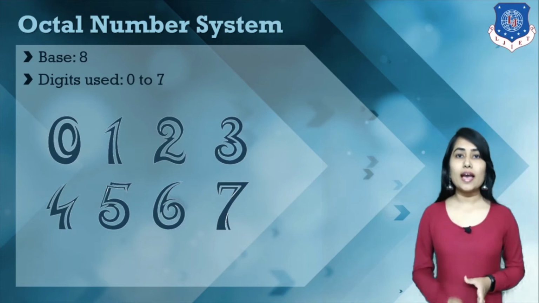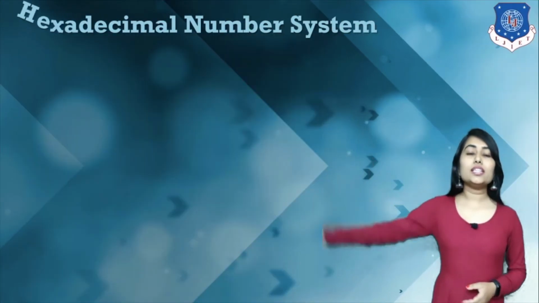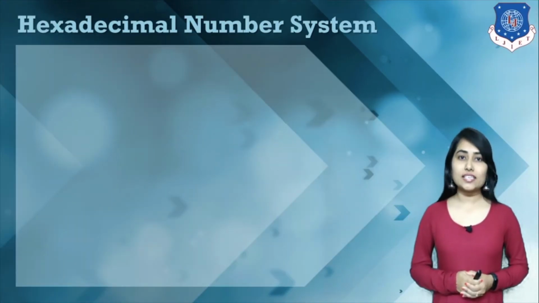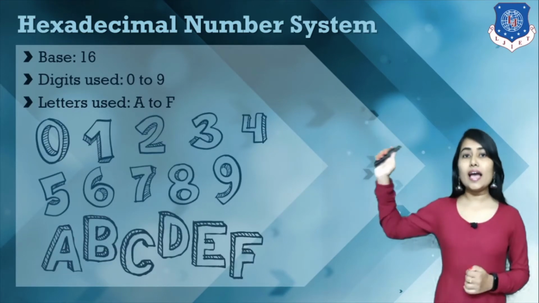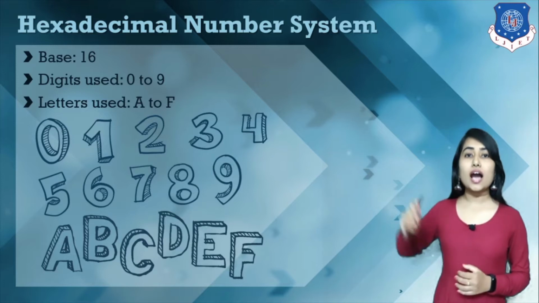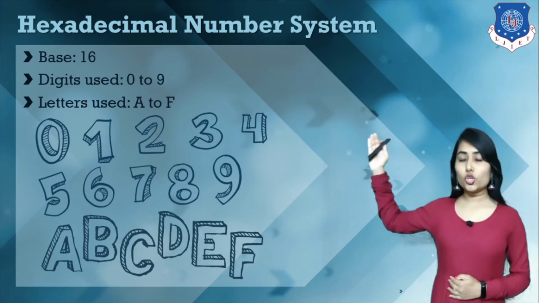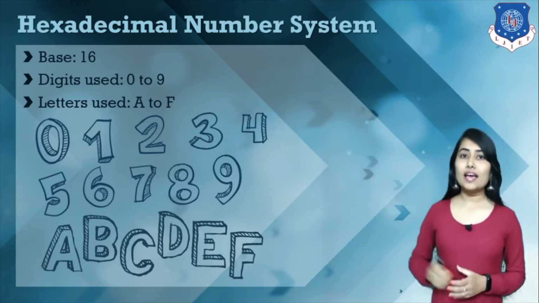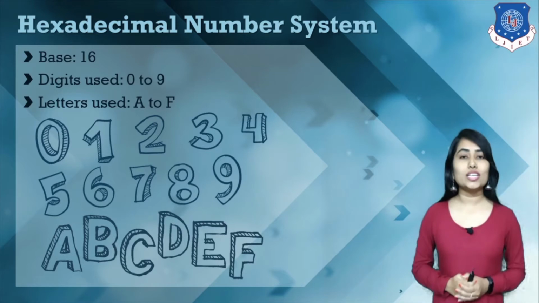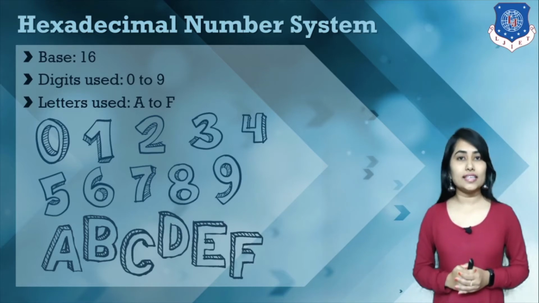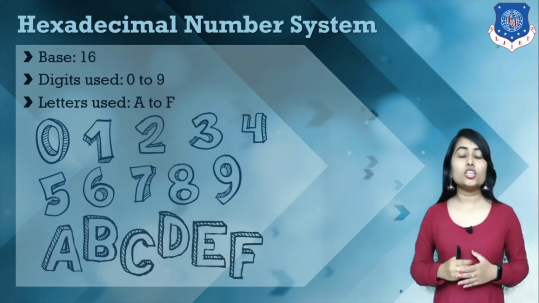Then we have the hexadecimal number system. In the hexadecimal number system we have base 16, and the symbols used are the numbers 0 to 9 and the letters A to F. In the hexadecimal number system, we have a total of 16 symbols, and these 16 symbols can be represented in two ways.